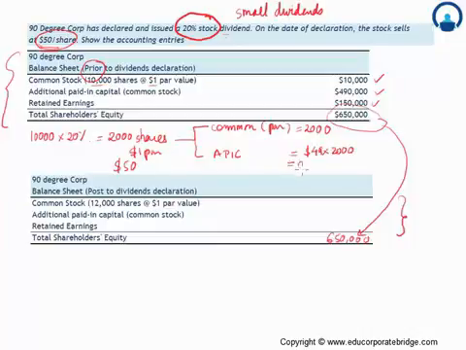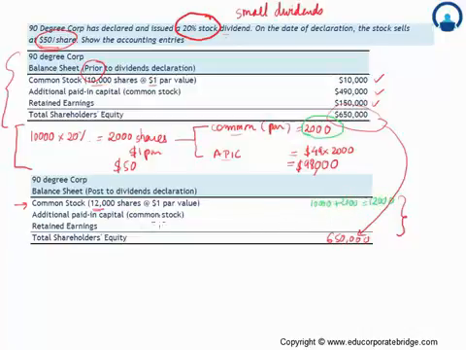So this will come out to be $98,000. This is the effect of the declared dividends on the common stock and the additional paid in capital. Let's look at the common stock. Earlier they had 10,000 shares, now we have 12,000 shares, so the final number here would be 10,000 plus 2,000, which is equal to 12,000.